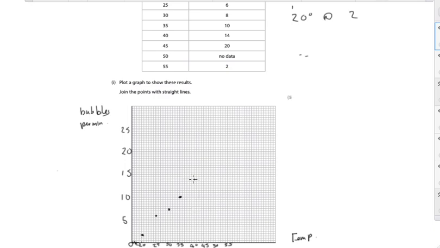I should have made it along here, sorry. It's gone off kilter a bit. We don't have anything for 50, and then 55 is 2. So we've got this graph, it kind of goes, oh dear, that's all rubbish.